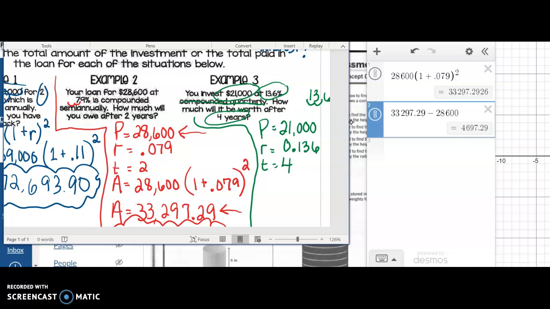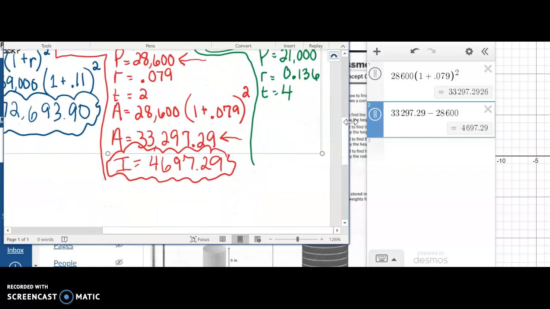So I'm going to input that into my compound interest formula. I'm going to move down here so I have room.